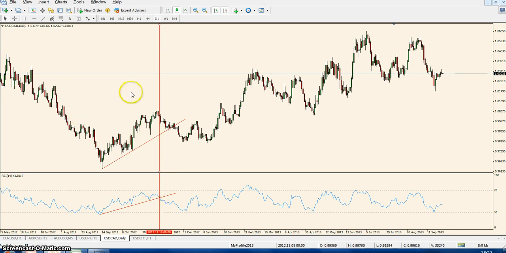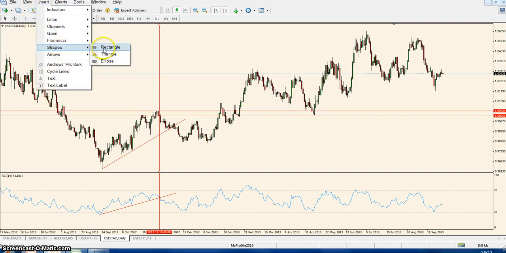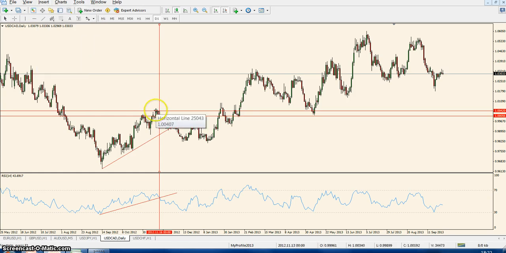It is on this particular bar, so entry will be at the close of this bar. Stop loss will be at the previous swing high. If I insert a picture here, that becomes the total risk.